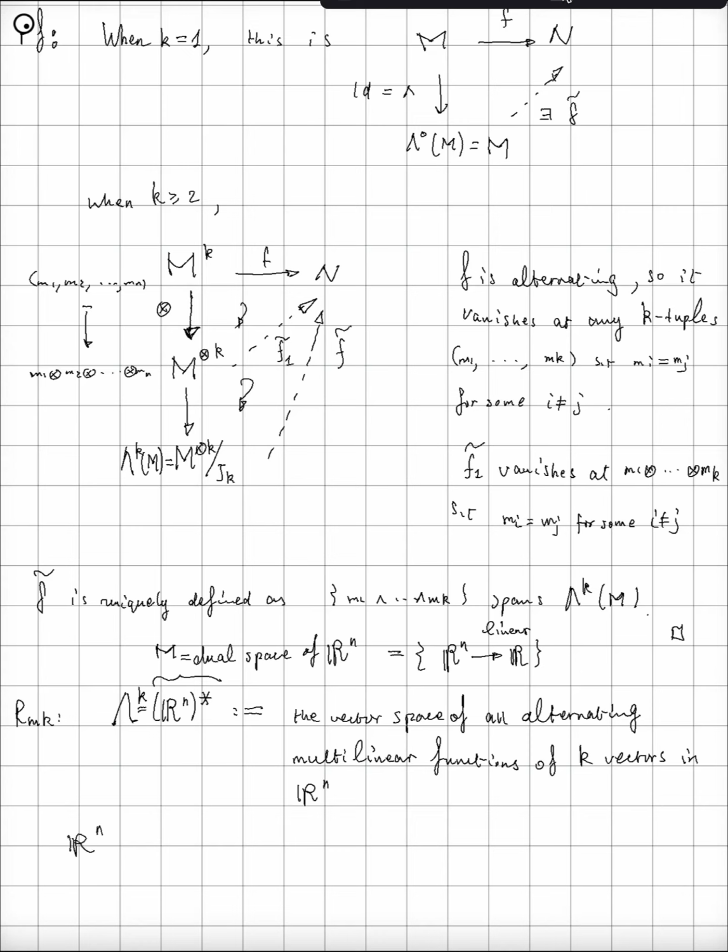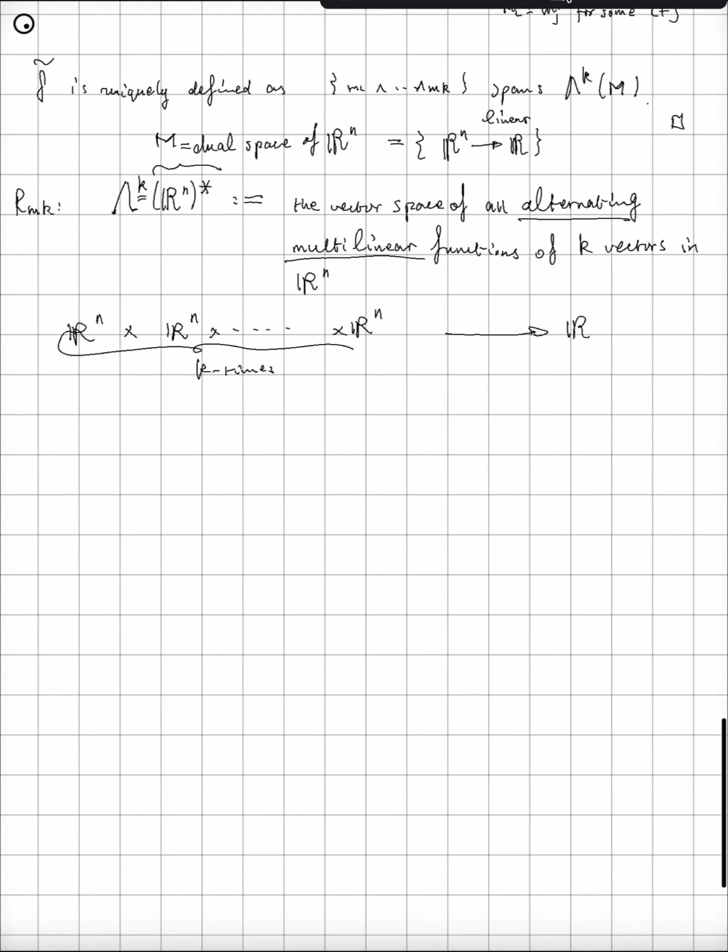Put more transparently, it consists of all those alternating multilinear functions from the product of R^n k times to R. And of course this definition coincides, because multilinear corresponds to tensor product, and then alternating is quotient. So let's look at this as an example.